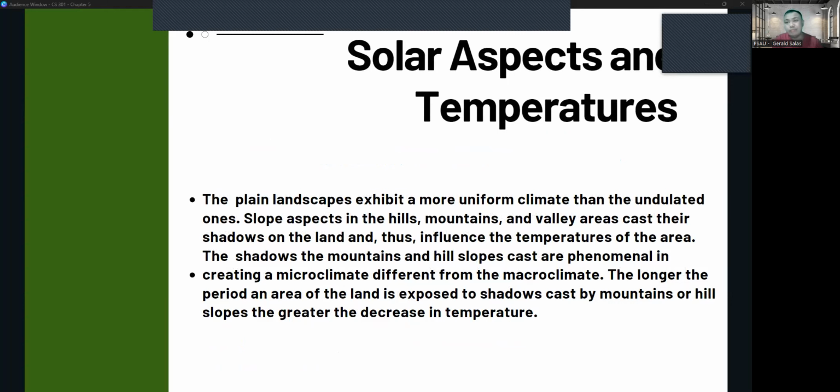Now, again, yung ating slope aspects, these are not solar aspects. Now, for the slope aspects and temperatures, kapag mas sloping area, of course, it changes the altitudes. Now, yung pagdating natin sa higher altitude, mas malamig yung temperature as compared dun sa lower altitude.